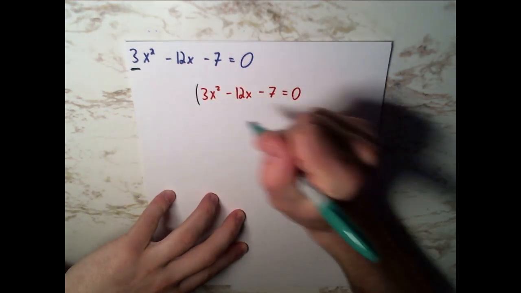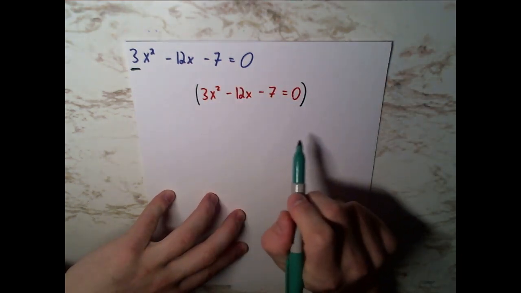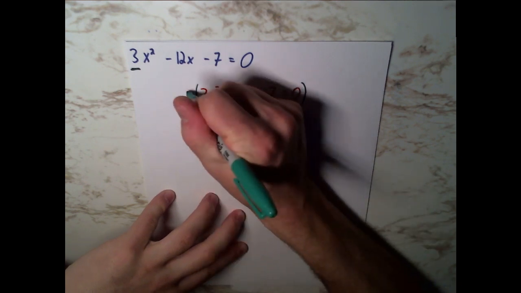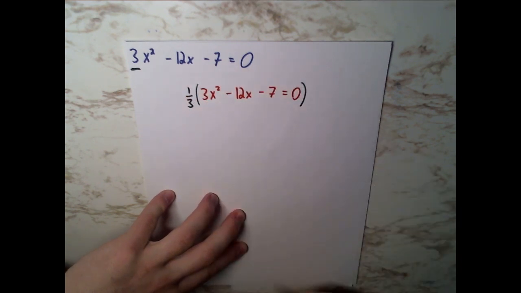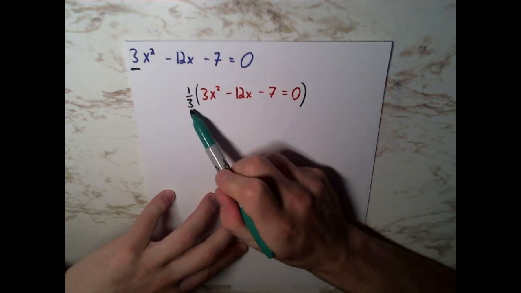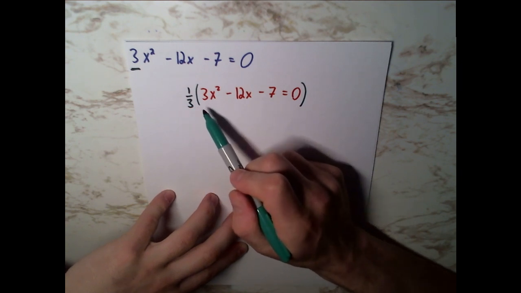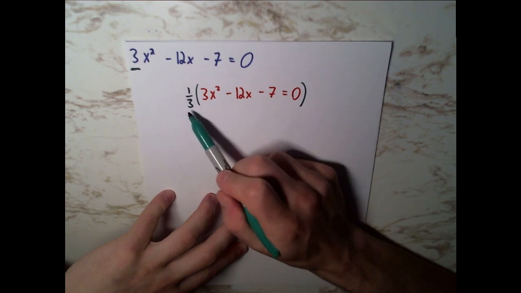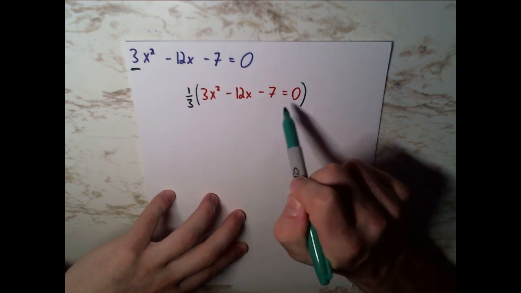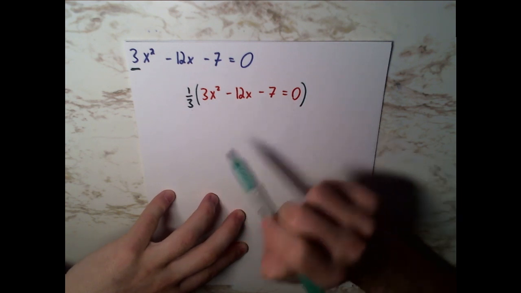So we're going to multiply this entire equation by 1/3. The reason I took 1/3 is that 1/3 times 3 equals 1. So we're going to be left with a 1 here, and then the 1/3 is also going to multiply every other term in this equation.